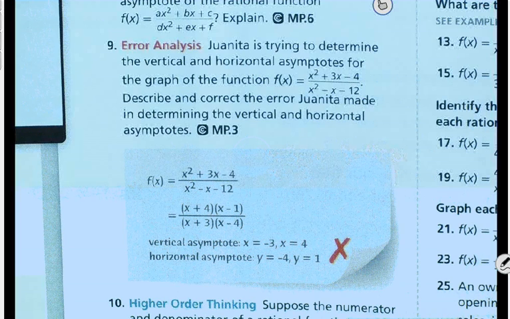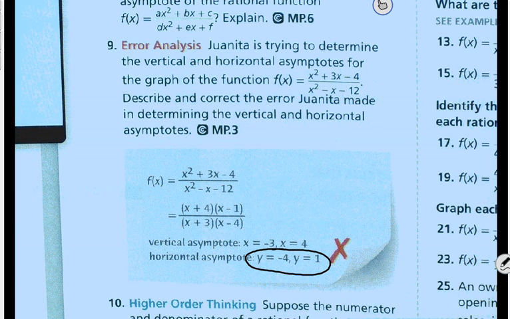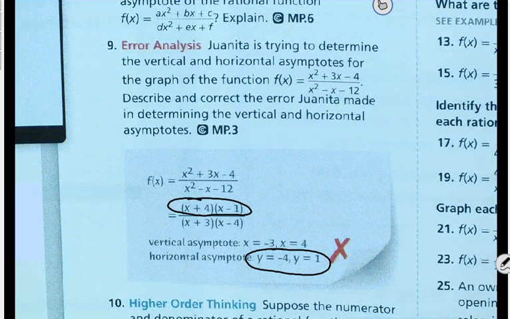Now we look at the horizontal asymptotes, and she says y equals negative 4 and y equals positive 1. Well, looking closely at that, she tried to do the same thing for the horizontal asymptotes as she did for the vertical asymptotes, except she tried to do it to the numerator. She found the roots of the numerator and thought those would be the horizontal asymptotes.